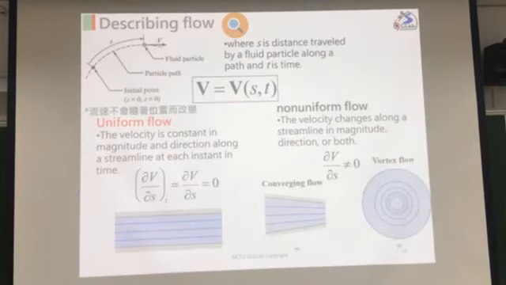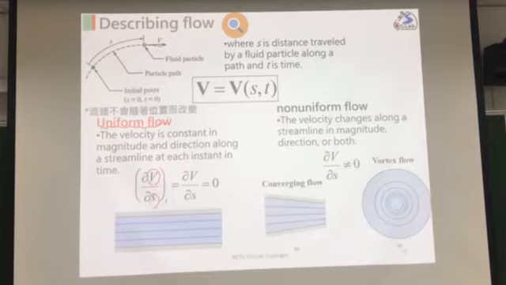So the second topic: as I mentioned in the previous class, we have unsteady flow and steady flow, and we have certain definitions of steady flow. Steady flow means the physical property doesn't change with increasing time. If we call it uniform flow, that means the velocity field doesn't change with spatial change.